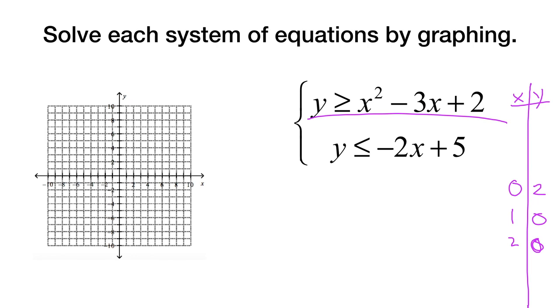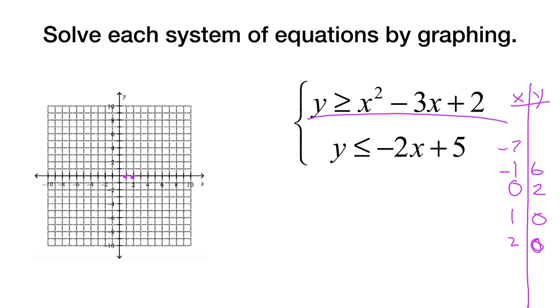Oh, look, that means our vertex is going to be around 1.5. But now let's keep going. Negative 1, that becomes 1 plus 3 is 4, plus 2 ends up being 6.